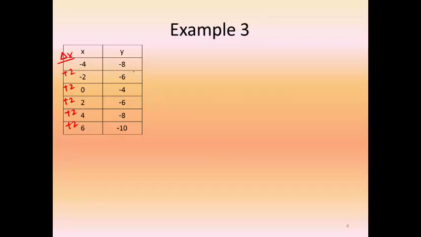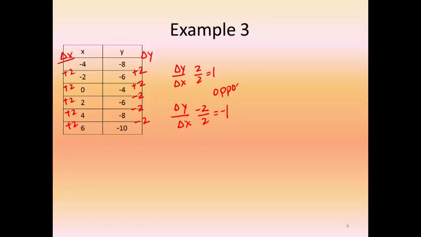Over here, ooh, I seem to be going up by 2 and then up by 2, and then now I'm going down by 2 and down by 2. So those are my change in y. My change in y over my change in x on the first few are 2 over 2, or 1. And then as I get down here, I have the change in y over the change in x as negative 2 over positive 2, or negative 1. So once again, I have an opposite rate of change.